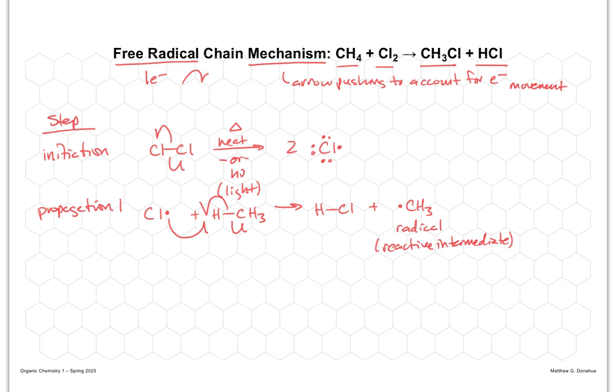So in propagation step 2, it's going to react with chlorine. So it'll form a CCl bond and then a chlorine radical.